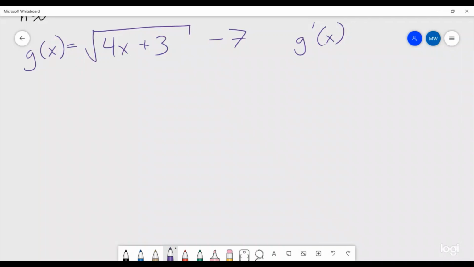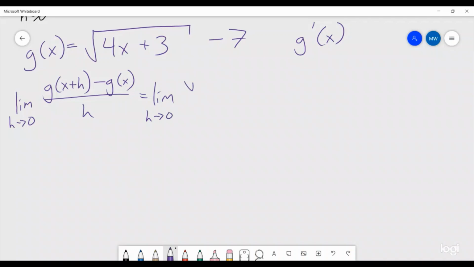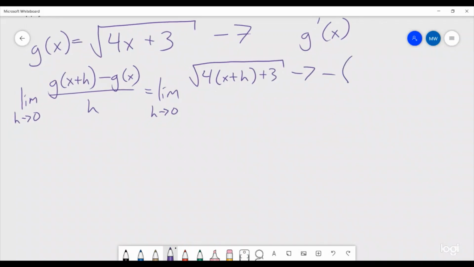Okay, so the first thing we need to do is this will be the limit as h goes to 0 of g of x plus h minus g of x, all over h. So this becomes the limit as h goes to 0 of the square root of 4 times (x plus h) plus 3, minus 7, minus the square root of 4x plus 3, minus 7, all over h.